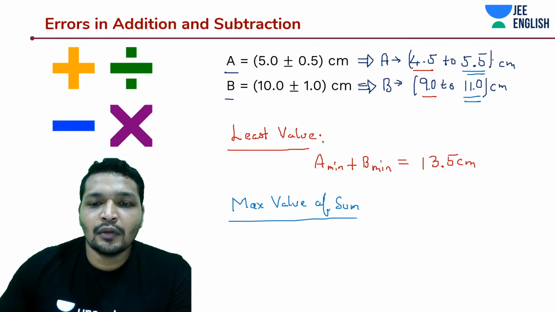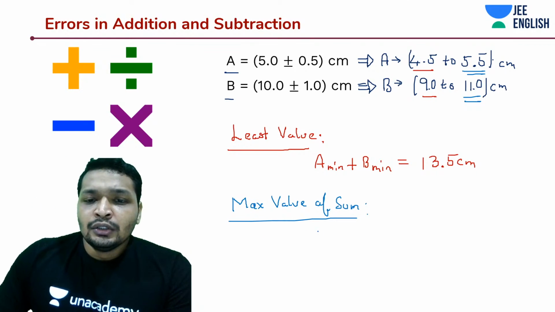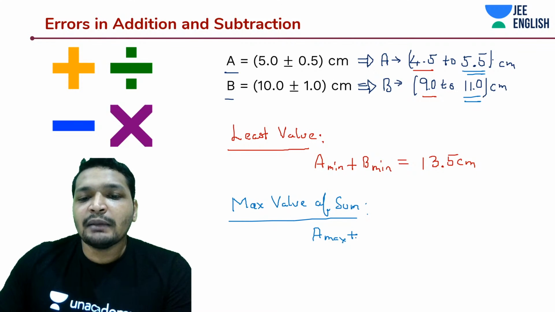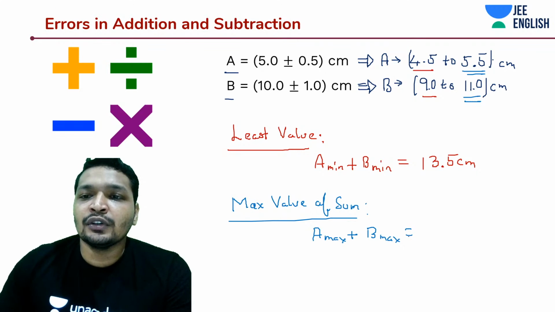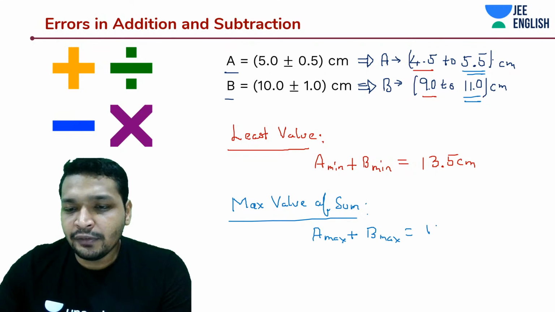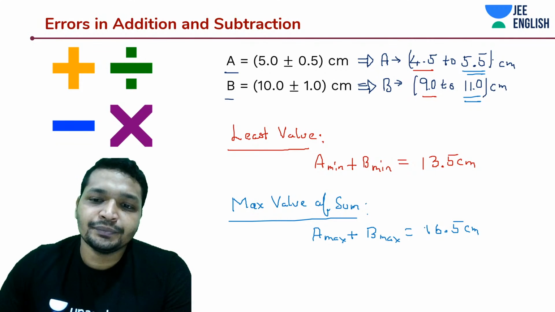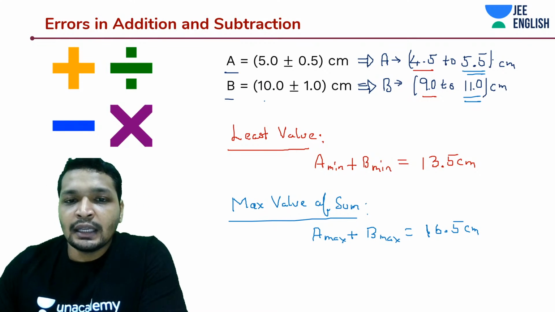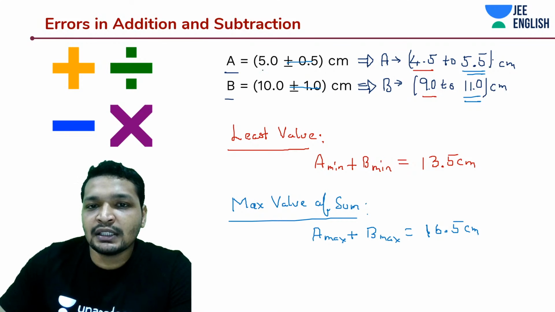Okay, adding things. So this is going to be A max plus B max. How much is A max plus B max? A max plus B max is equal to 16.5. And let's say I'm forgetting the errors, just forget the errors, and I'm just adding the sum.